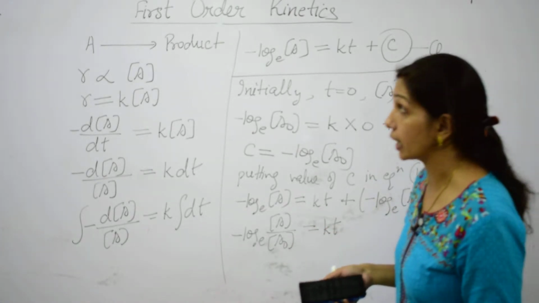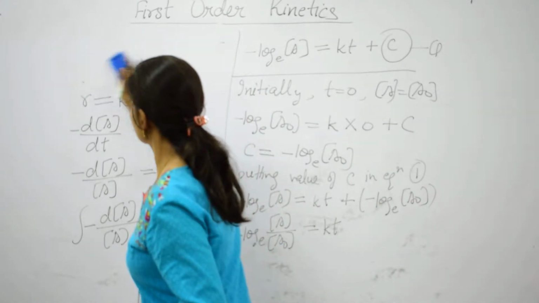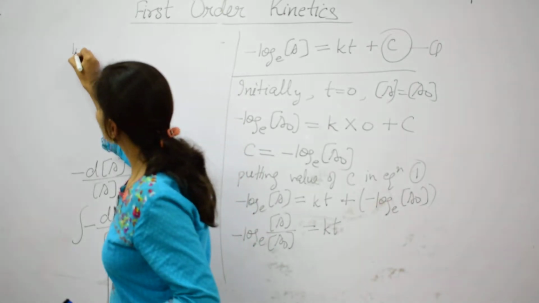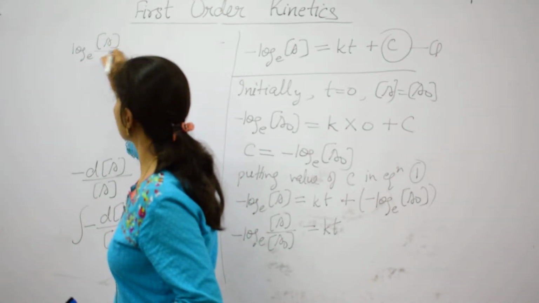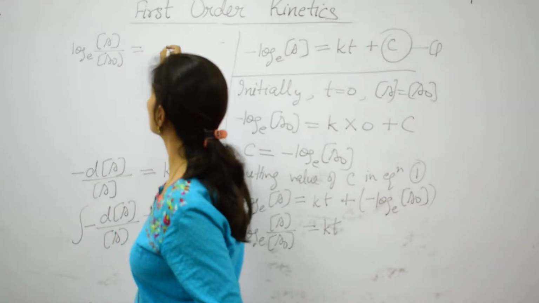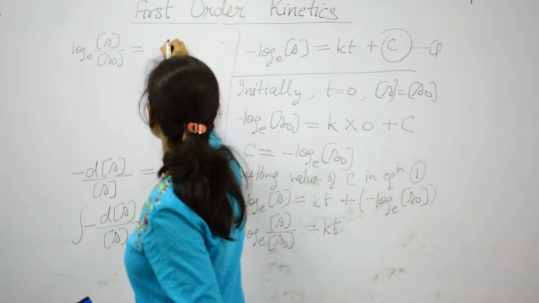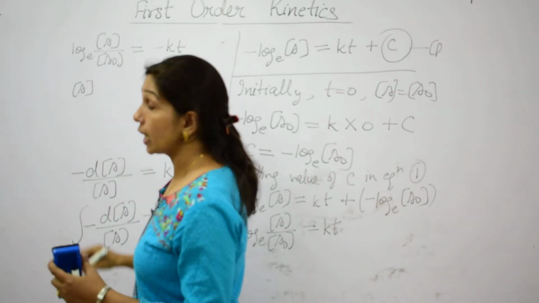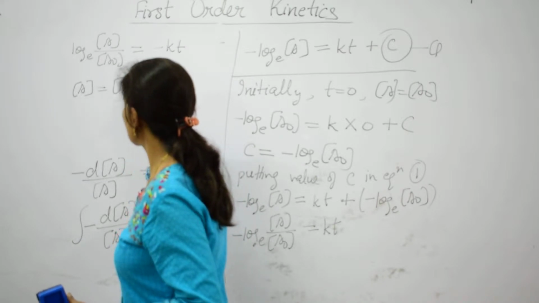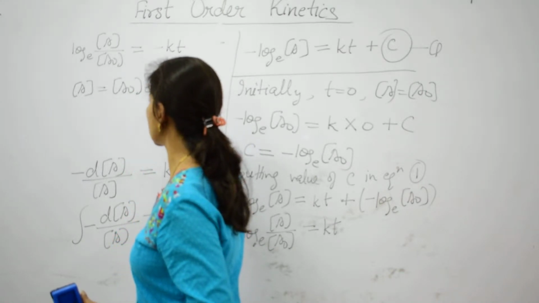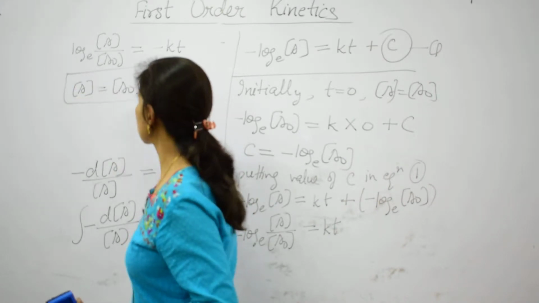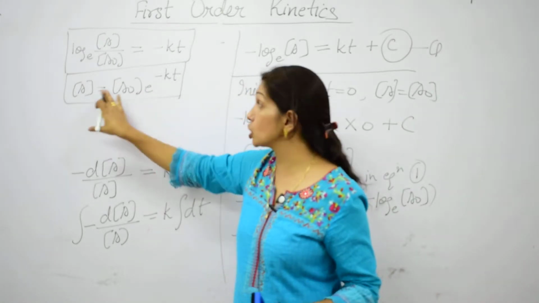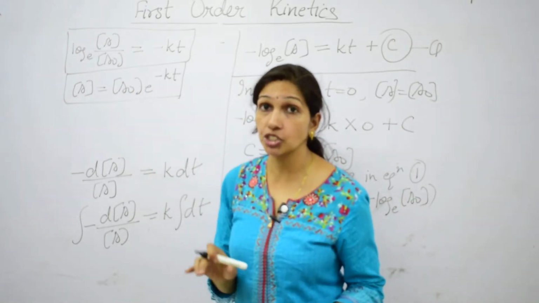So, finally, we can write down log base E A upon A naught is equal to minus Kt, or A is equal to A naught into e to the power minus kt. In log form we can give this equation, and in exponential form we can give the equation A is equal to A naught e to the power minus kt.